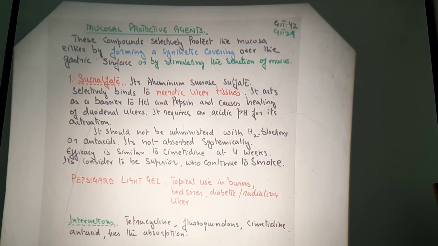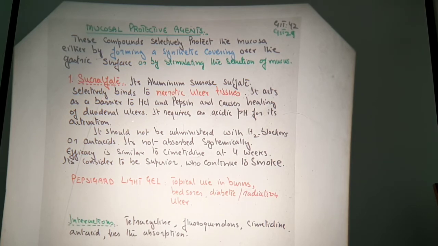Necrotic means damaged ulcer tissue. It acts as a barrier to HCl and pepsin and causes the healing of the duodenal ulcer. They perform a barrier against HCl and pepsin to protect the stomach by forming a layer. That's why they are known as sucralfate.